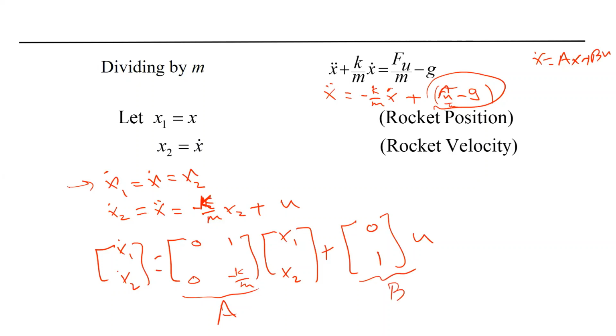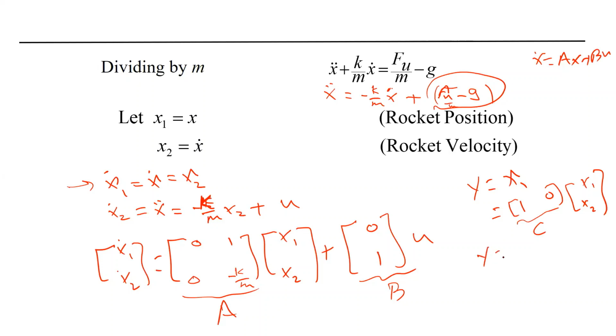I need now the C matrix. C depends on the output. Let me assume I'm taking my output to be the position. Let y equal x1. In this case, the matrix will be 1, 0. This is my C matrix. Then the D matrix will be 0, since there is no connection between the input and the output.